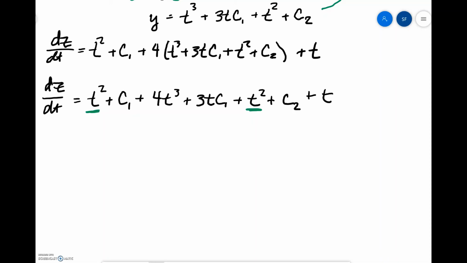Well, I could combine this one and that one, but I think I'm going to leave those as they are. So what have we got? We've got 2t squared plus c1, plus 4t cubed plus 3t c1 plus t, oh, that one we already did, plus c2 plus t.